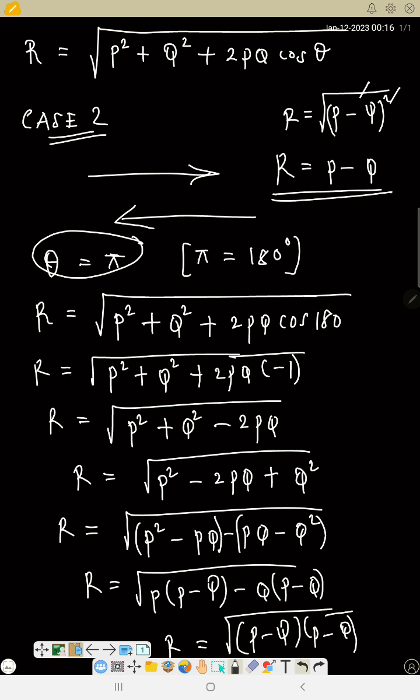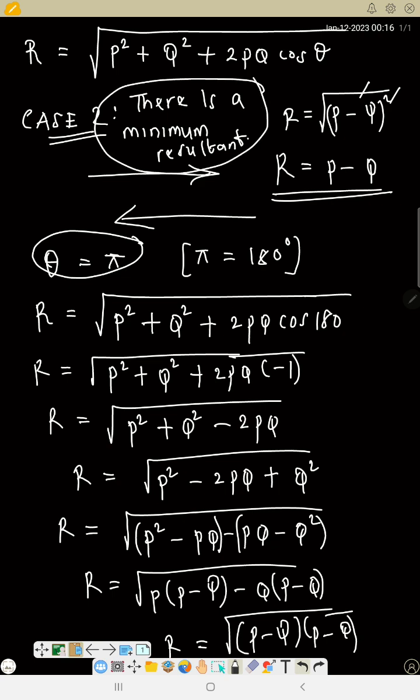And in this case, there is a minimum resultant. In the case that they are parallel and act in the same direction, there is a maximum resultant. Take note of these points, they can surface in questions.